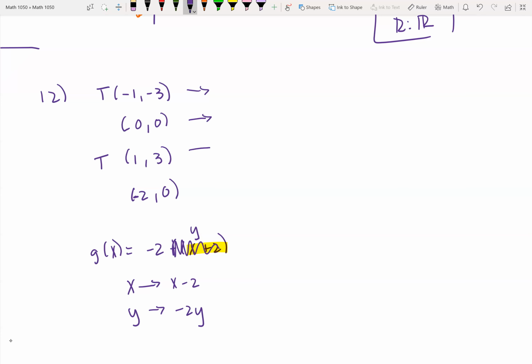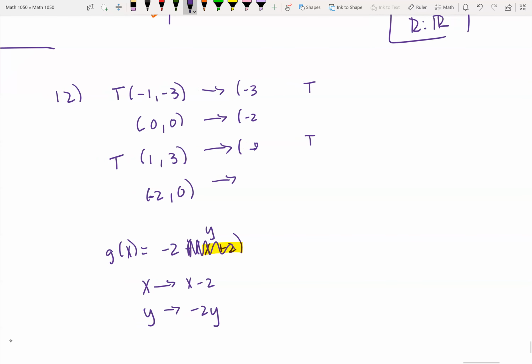Let's change these points, keeping in mind that the first and third points are turning points. Take your x's and subtract 2. -1 minus 2 is -3. 0 minus 2, -2. 1 minus 2, -1. -2 minus 2 is -4. Now take the y's and multiply by -2. This gives you a 6, a 0, a -6, and a 0.